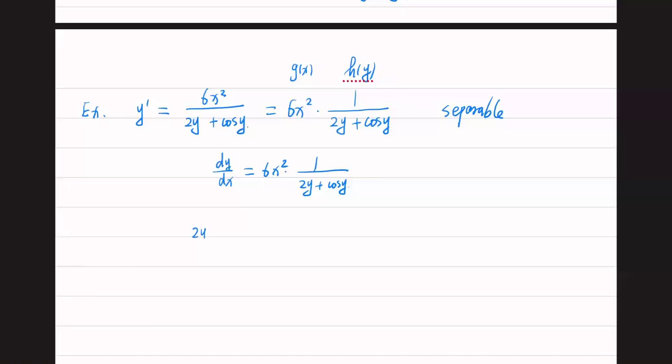It'll be 2y cosine y dy equals 6x squared dx. Elisa, it's separated. What's next? Take the integral. Yes. Now from one differential equation, we get two integrals.